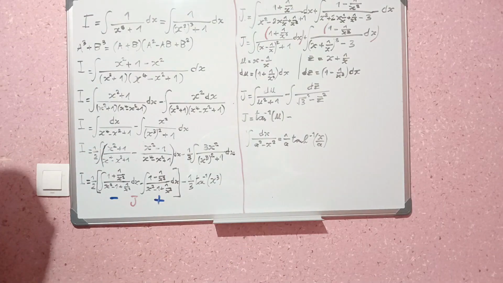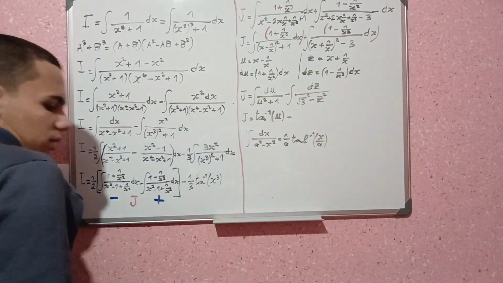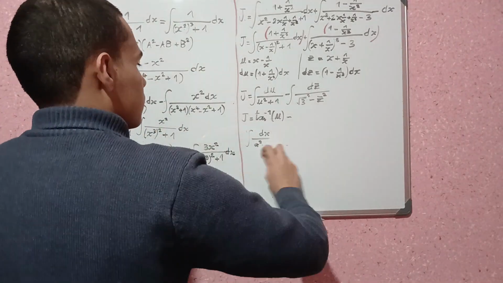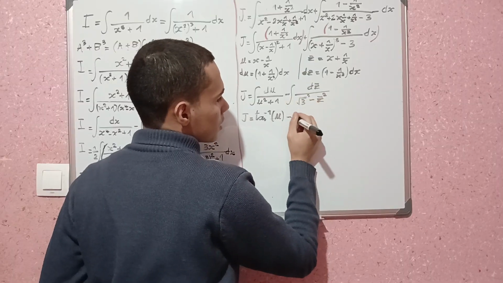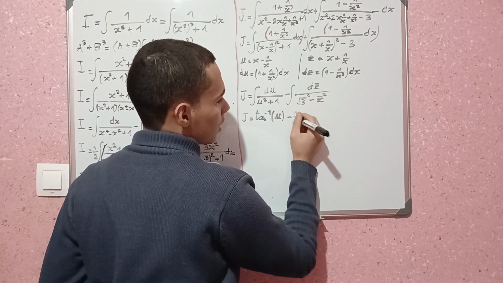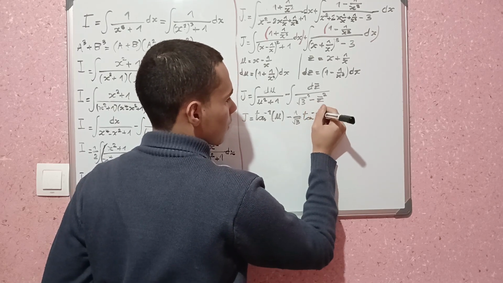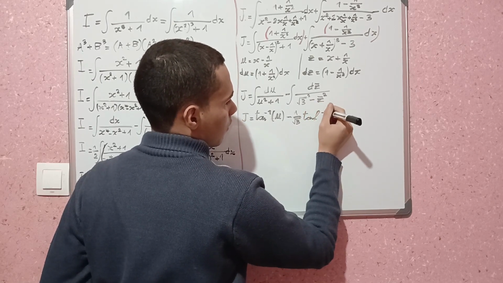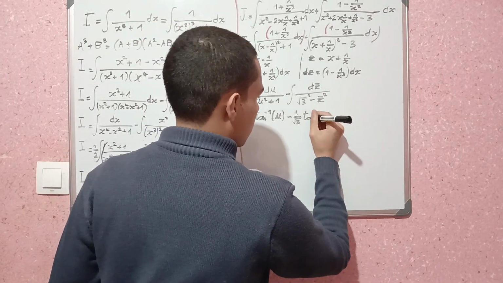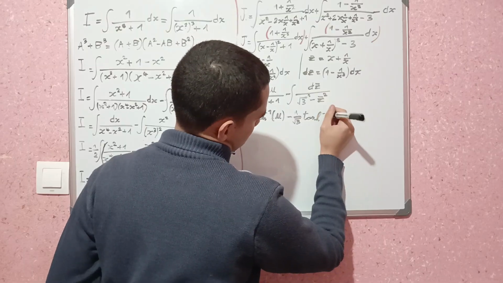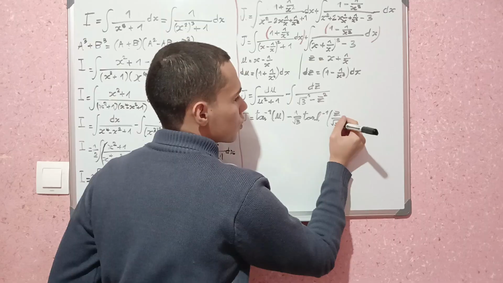We have this rule, so we need the constant squared. So this will be minus 1 over square root of 3, then the inverse hyperbolic tangent of z over square root of 3.